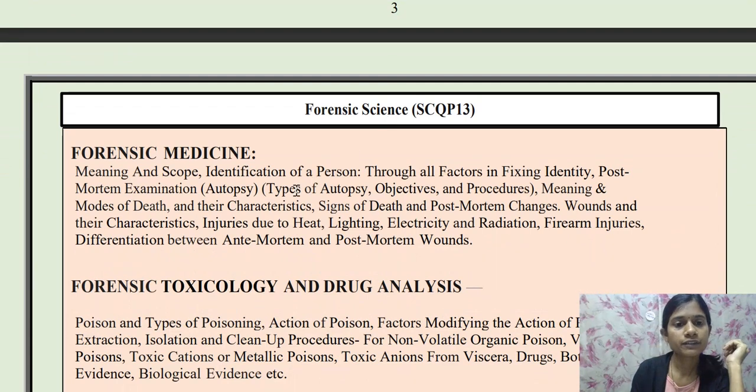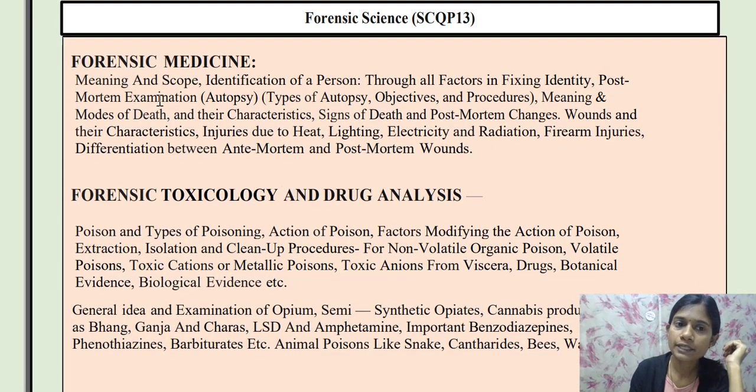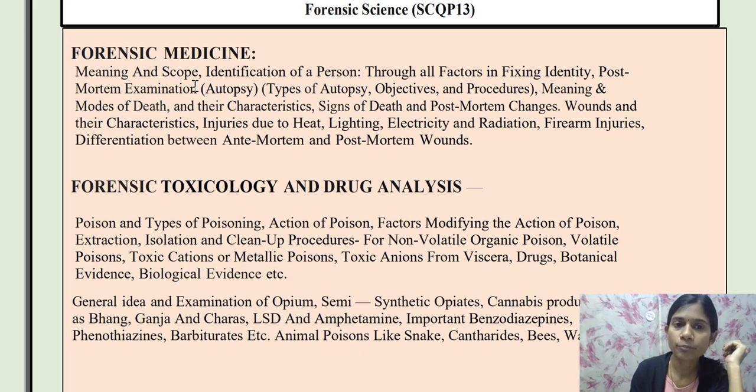Then after that, forensic medicine. Forensic medicine: meaning or definition, scope, importance, then identification of a person. Here you learn that in medicine we are not only going with the post-mortem examination. There is different importance for forensic medicine, mainly the identification of a person through all factors in fixing identity.